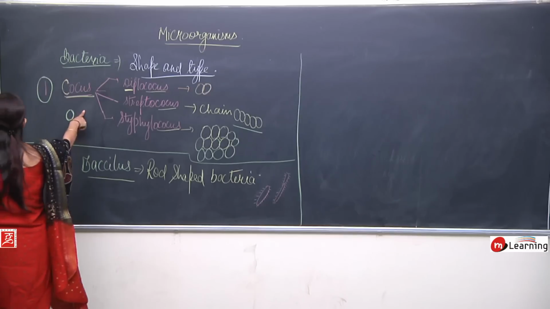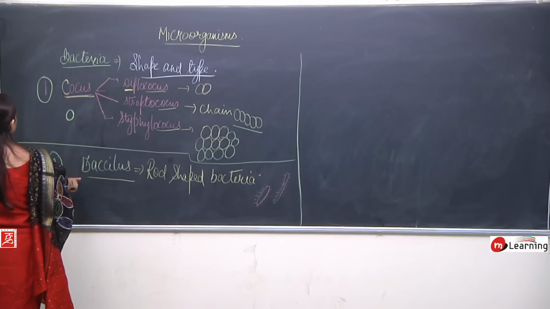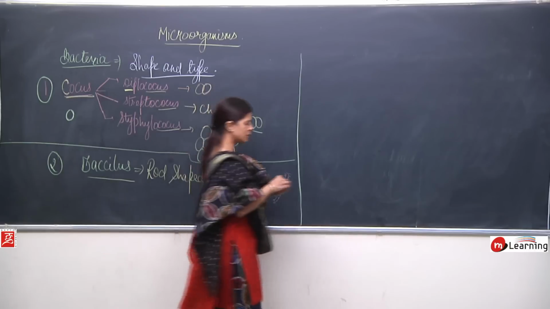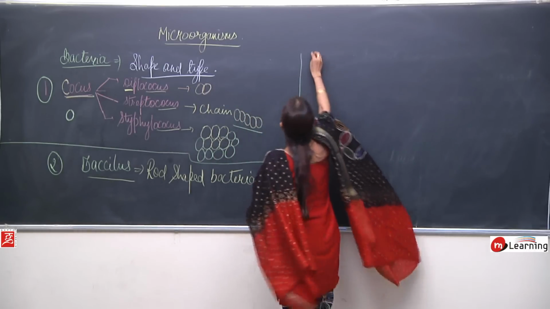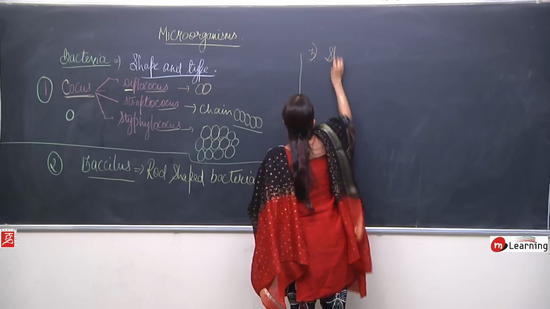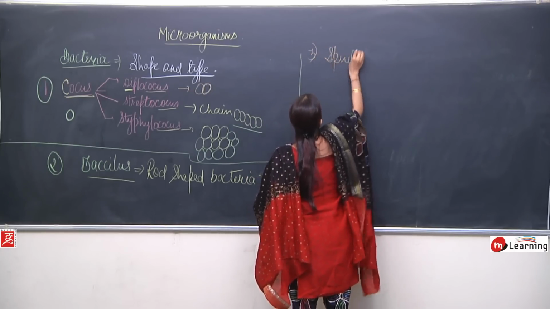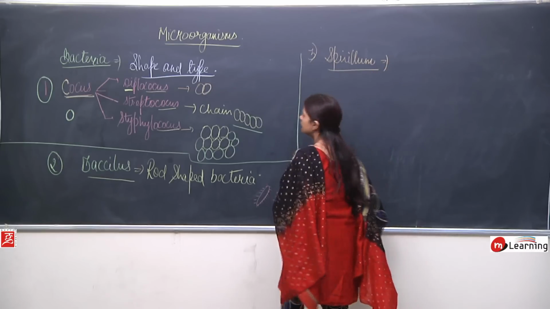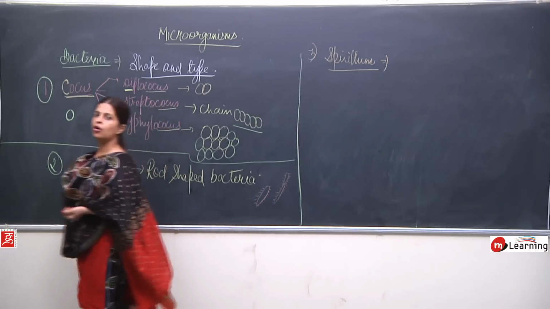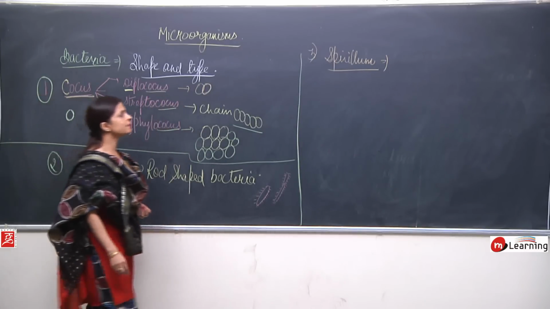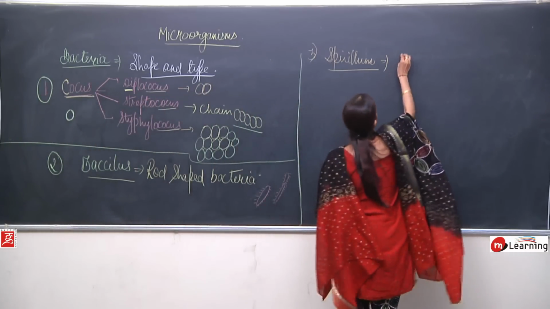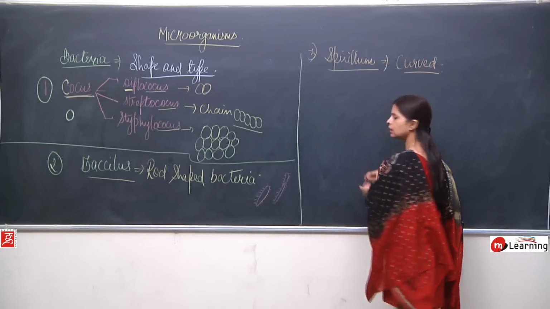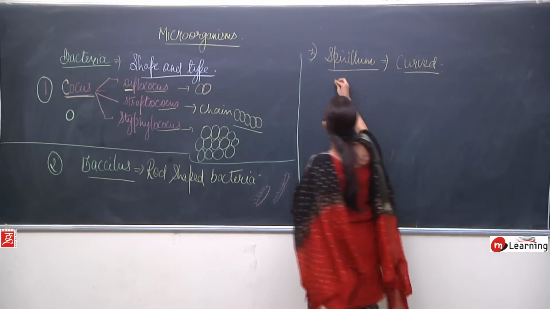First is about the coccus and the second one is about the Bacillus. Now we will talk about Spirillum. Now these bacteria are of which shape? These bacteria are curved bacteria. That means they have a curved shape. How are these?